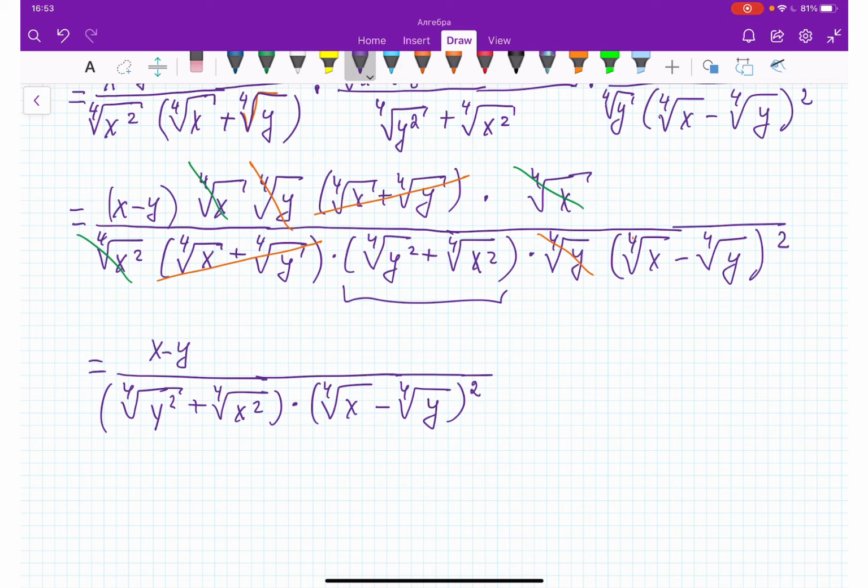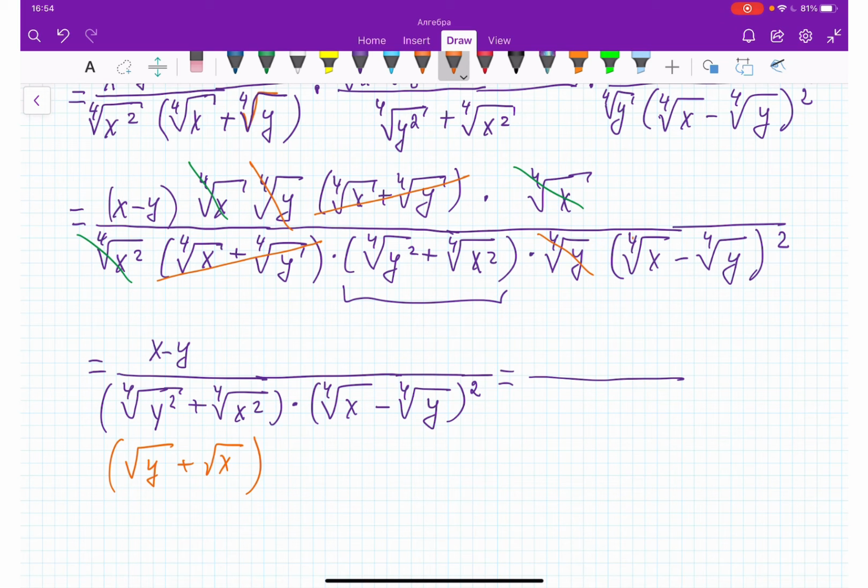This is what I'm going to do. Look here. First of all, I'm going to write the radical degree 4 of x squared in this format. Remember when I said I wanted to leave it the way it is, and then I said, okay, let me rewrite with the same radical, and if we need, we can change it.